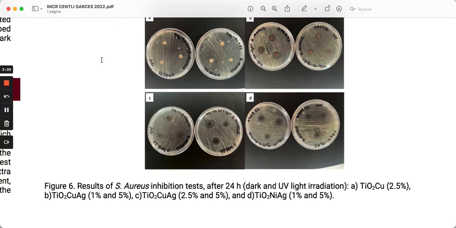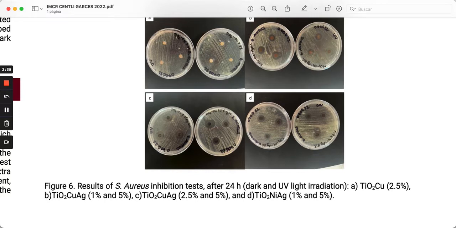Well, materials with silver deposit stand out, as well as those that were irradiated with UV light. It should be noted that copper has antibacterial properties by itself, so it's kind of expected that it has these inhibition halos. We consider that for the catalyst with copper and silver deposit, the inhibition is carried out by two different mechanisms.